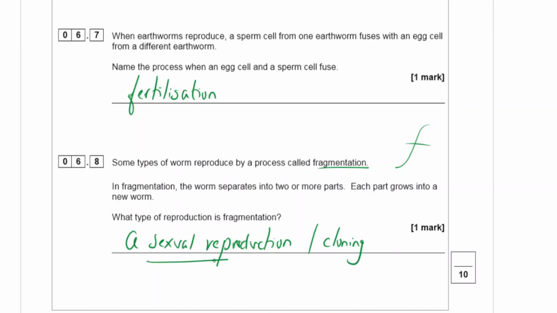But the best answer is asexual reproduction, because it's a type of reproduction. You've got sexual and asexual reproduction. Maybe you want to write the A right next to the S so that it doesn't look like two words. So asexual reproduction, right? This is sexual reproduction. When you get a sperm and an egg cell, that's sexual reproduction.